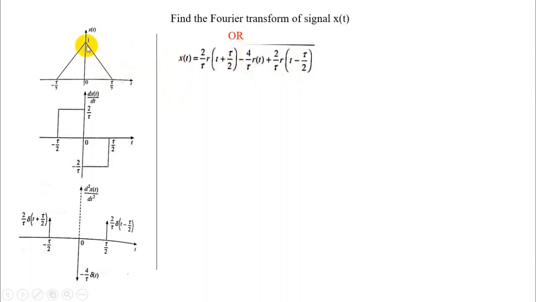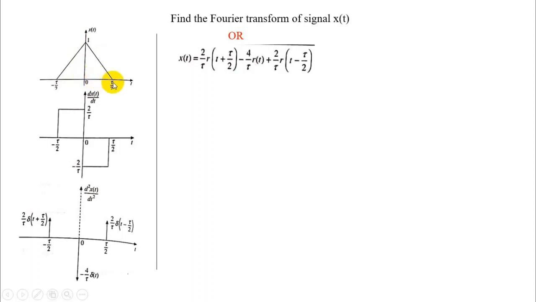Actually, as I have discussed in previous videos, a signal can be represented by different singular functions. So if we think that this portion contains a positive ramp slope and a ramp with a negative slope at the origin, ultimately this portion will be determined.